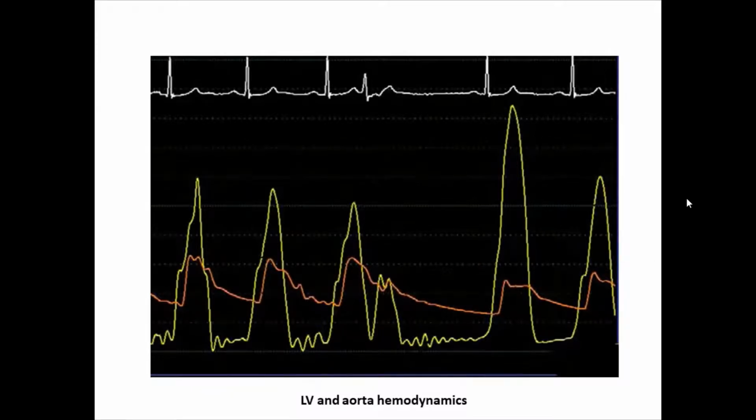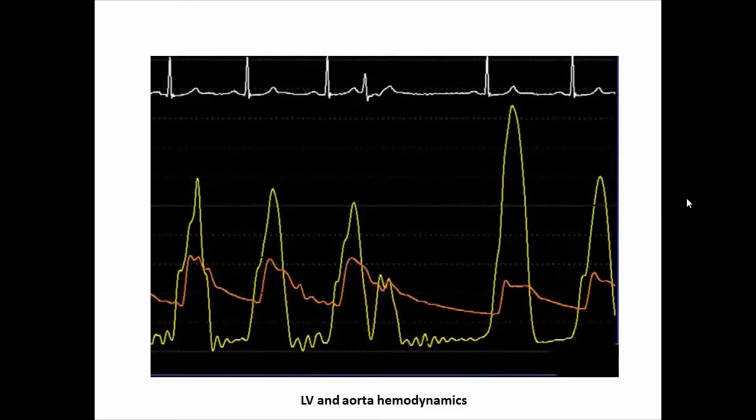Now you can figure out the shape of the hemodynamics, whether it is, for example, ventricular or arterial, which artery, which ventricle. You can figure it out from the shape of the hemodynamic tracing, and it is written down just LV and aorta.